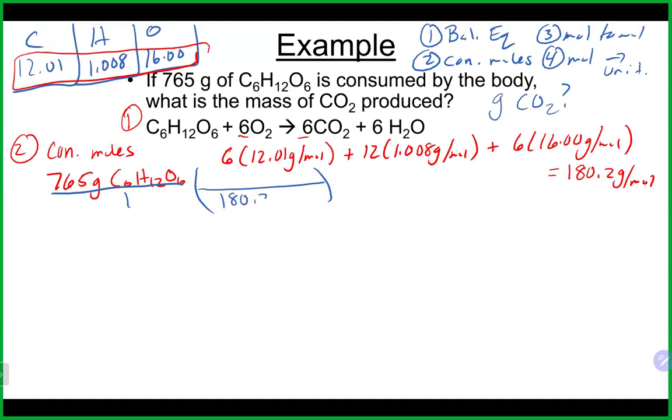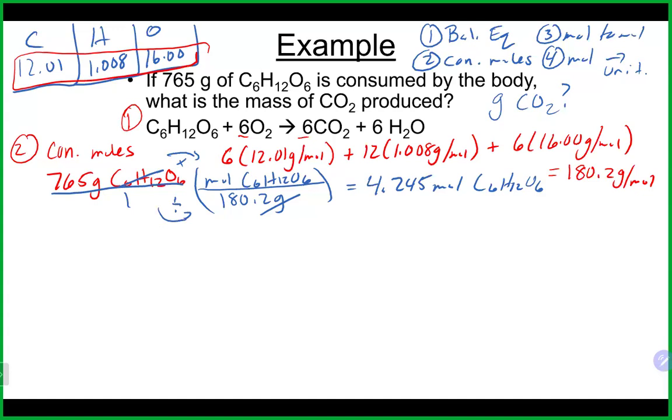So 180.2 grams per mole of our C6H12O6. When we multiply the top and divide the bottom, that is going to get rid of those grams. And that will get us 765 divided by 180.2. Looks like we get 4.245 moles of C6H12O6. Any questions on that there?